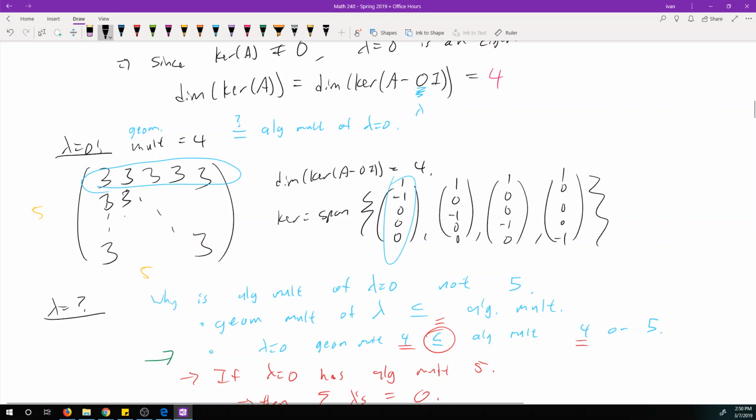And then here you'll see that for the first vector, I'll let the second entry be negative 1, and then I'll let the third entry be negative 1, and then I'll let the fourth entry be negative 1, and so on and so forth. So then I can cancel out that 3 in the matrix. So these are the tips that occur.